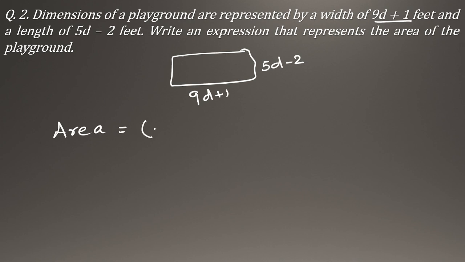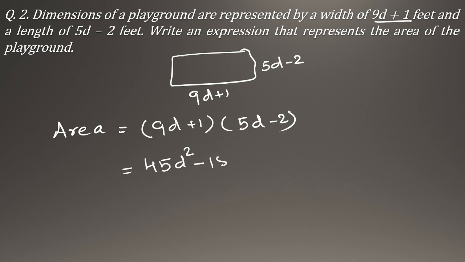So what is the area for the rectangle? Area for the rectangle is length multiplied by width, and just expand this, multiply this. So 9d multiplied by 5d is 45d square. Then 9d multiplied by minus 2 is minus 18d, plus 1 multiplied by 5d is 5d. I'm doing this a little quickly because I'm sure you understood this multiplication procedure.